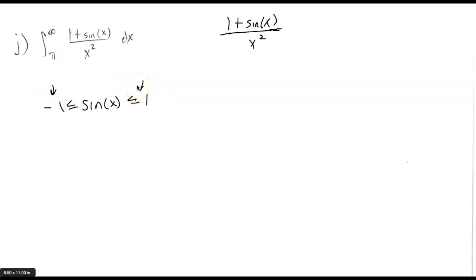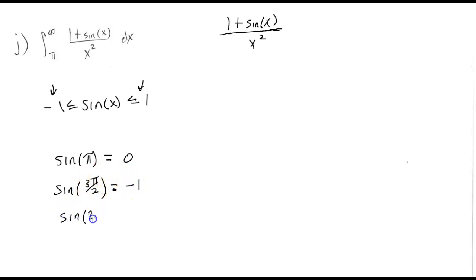Now, if we want to get specific, we know that, for instance, sine of pi is going to be 0. Sine of 3 pi over 2 will be -1. Sine of 2 pi would actually be 0 again.